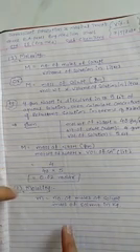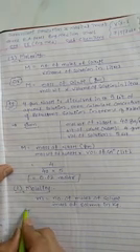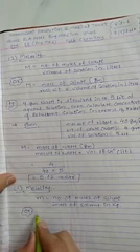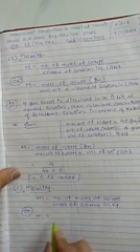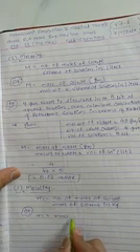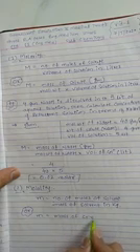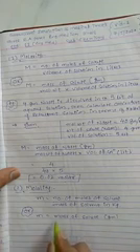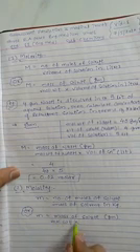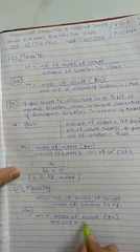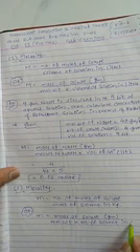This is the first formula which is given in your textbook, but an extra formula that you are also able to write: molality m is equal to mass or weight of solute in gram upon molecular weight of solute into weight of solvent in kilogram.